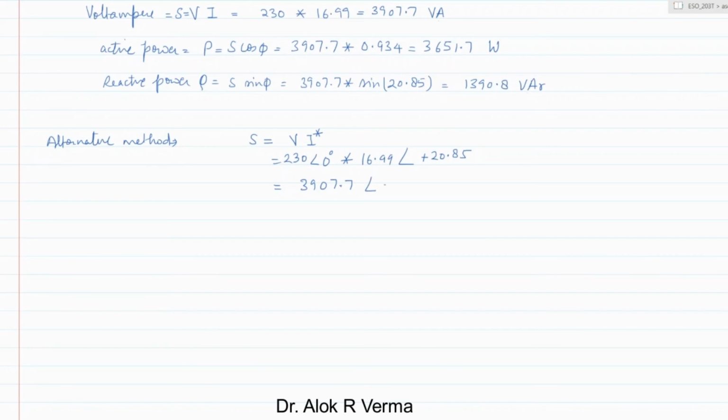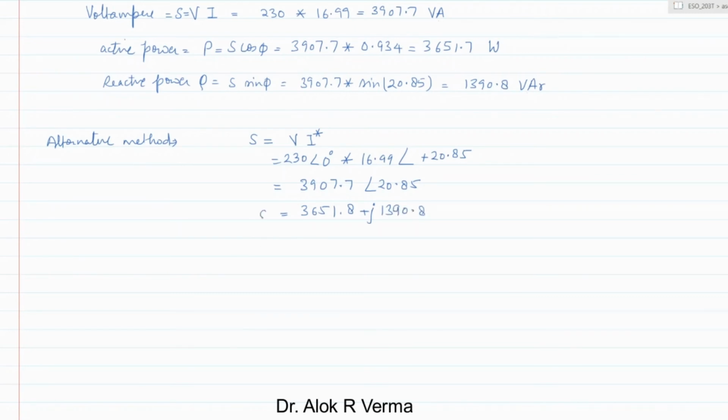Now if you solve it, you may get 3907.7 angle of 20.85, and if you write it in rectangular form, it will be 3651.8 plus j of 1390.8.